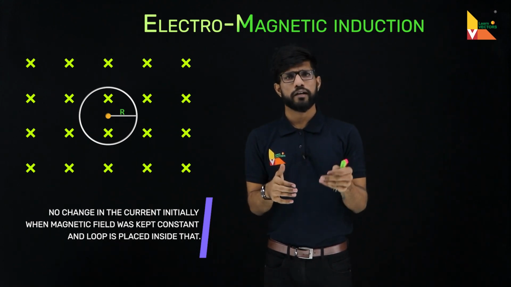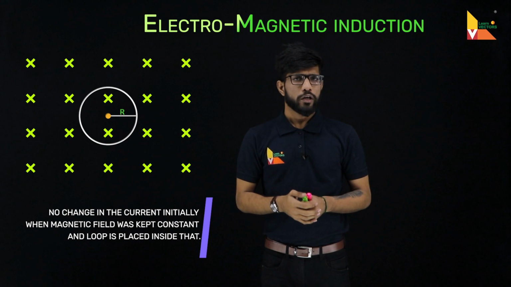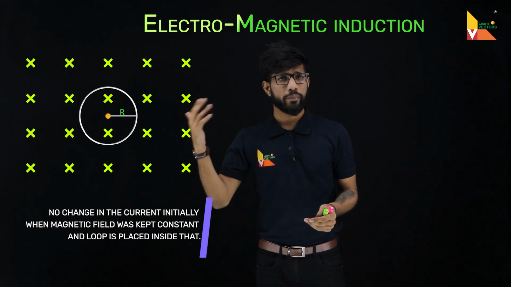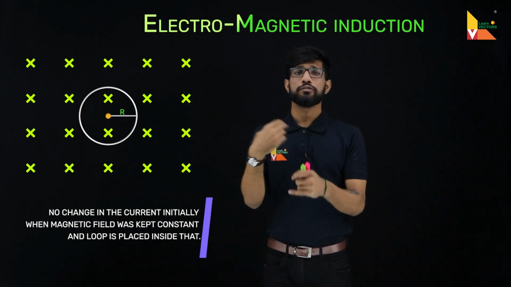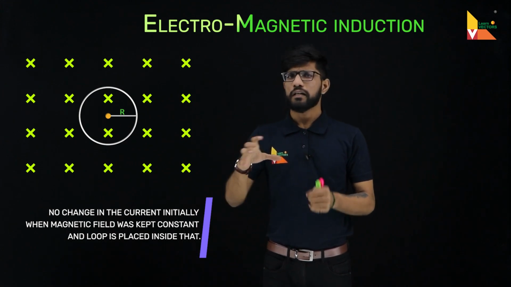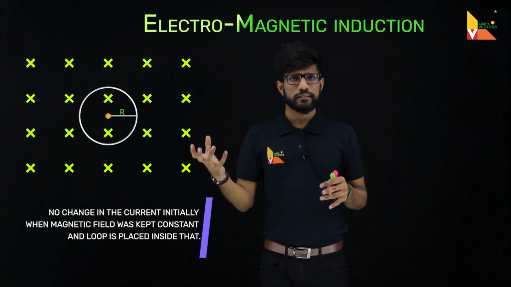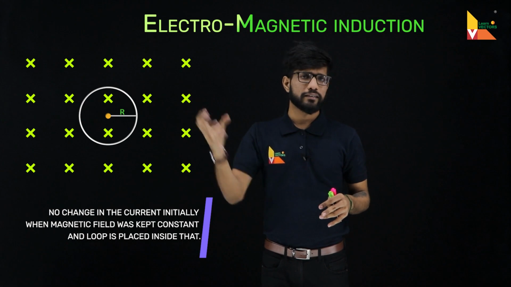There was no current in that loop. We introduced the loop just to induce current, but I am not changing anything in the system, so current is not there in the loop.